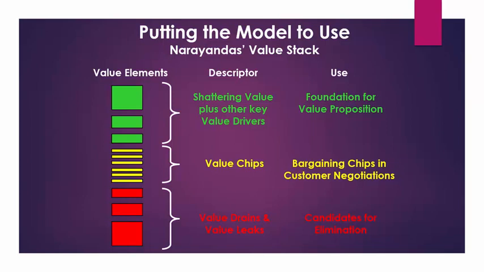A value drain is something that we're doing as a supplier that actually increases customer costs needlessly, and a value leak is something that the customer does which needlessly increases their costs. So basically what I want to do is to create a value model and hopefully eliminate those value elements that are either drains or leaks.